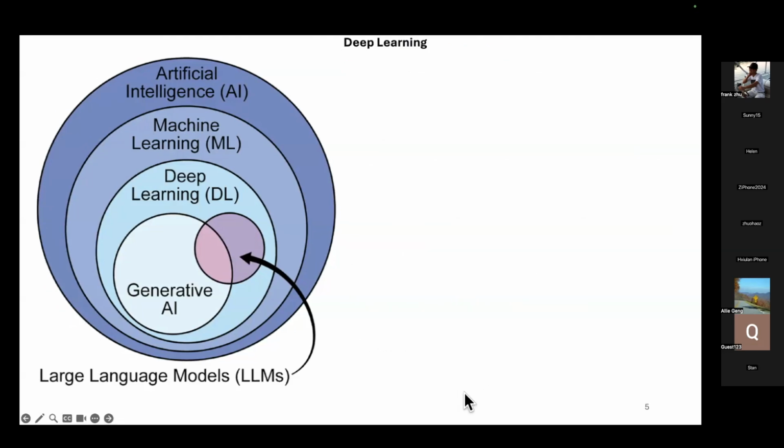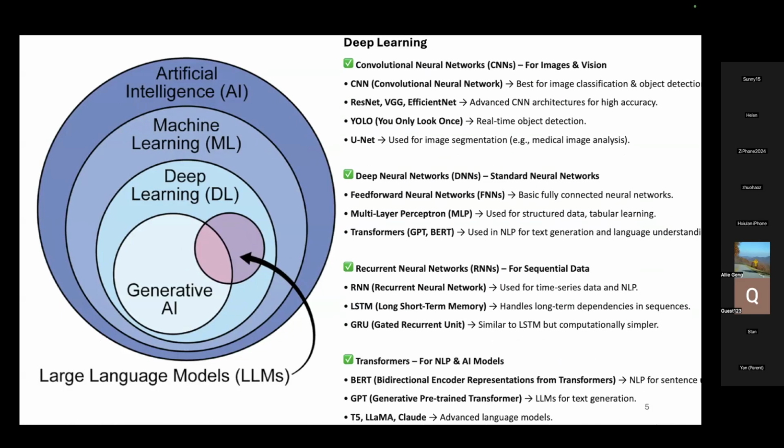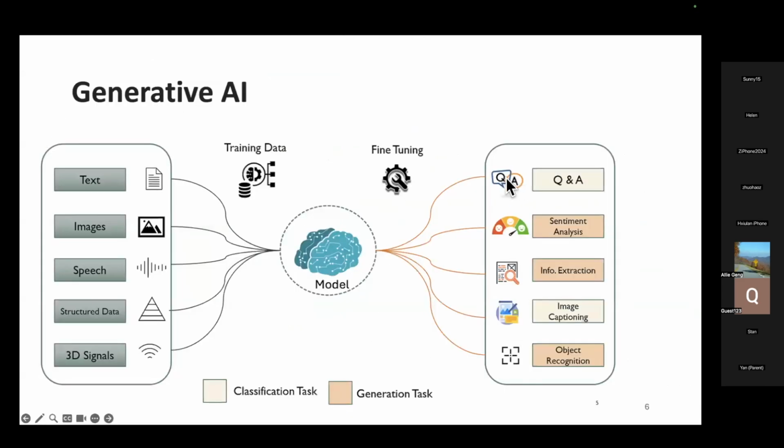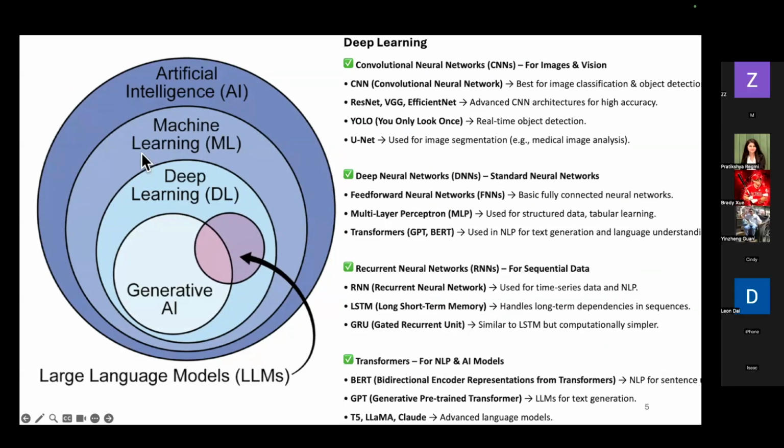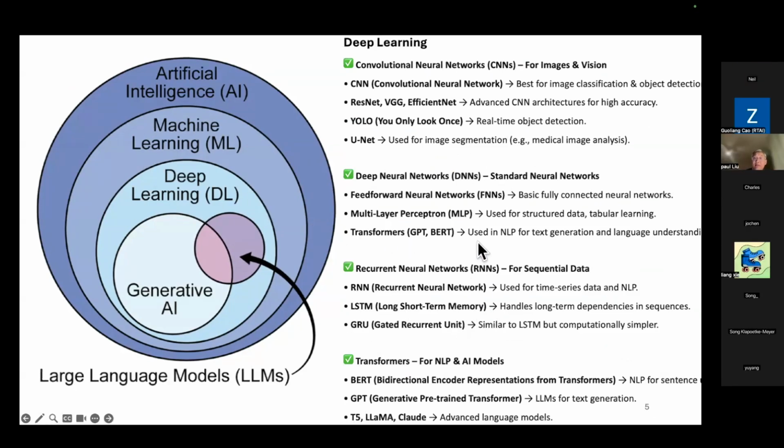And in the deep learning part, we commonly hear terms like convolutional neural network, CNN, or DNN, deep neural network, or recurrent neural network, or transformers.